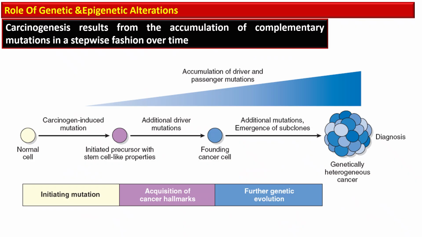This picture is summarizing the concept that carcinogenesis results from accumulation of complementary mutations in a stepwise fashion over time. Here, a single cell is present, and this single cell is starting or initiating the process of growth or division.